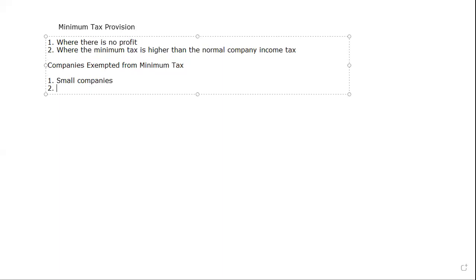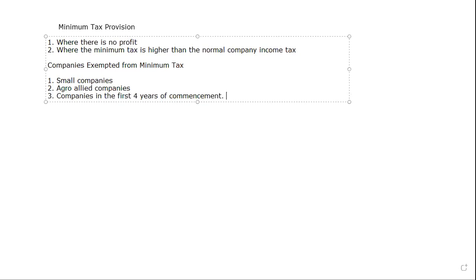Number two is agro-allied companies, companies who do agro-allied business. And three, companies in the first 4 years of commencement. So those are the three categories exempted from minimum tax. Any question?